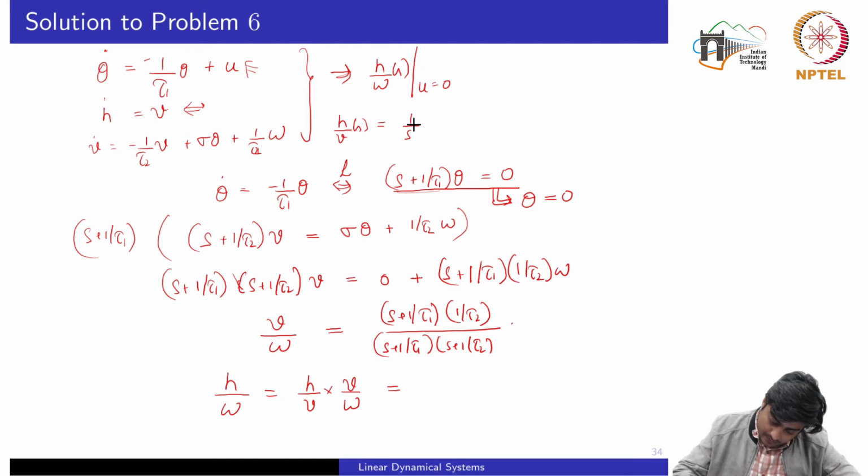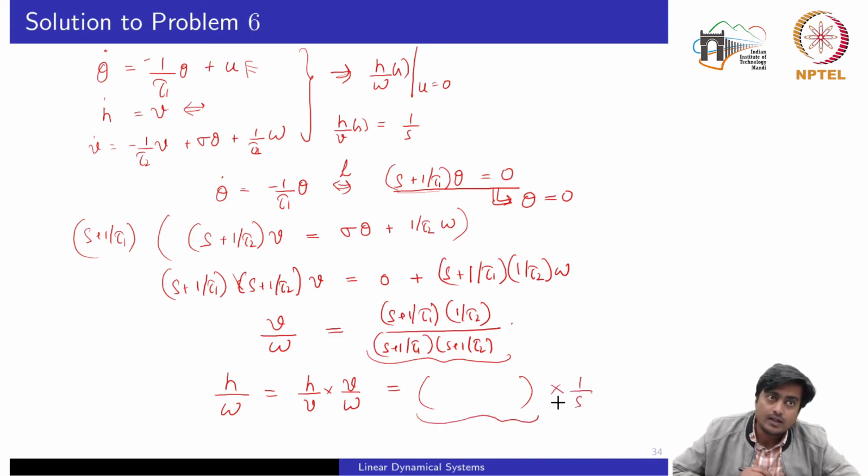You would notice in this part we would have 1 by s, right? So the eigenvalue 1 by tau 1, which was hidden somewhere, is now explicitly visible to us, and it is being cancelled out, because this numerator and denominator part would cancel each other.